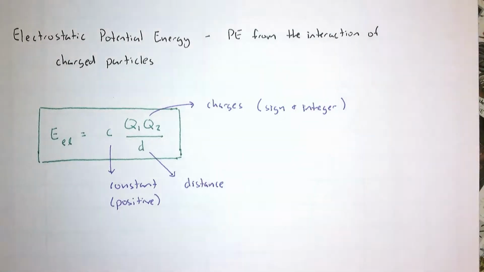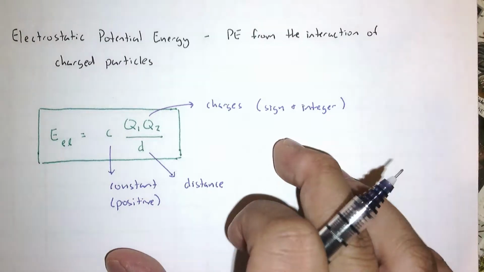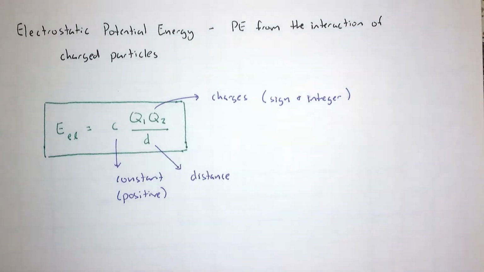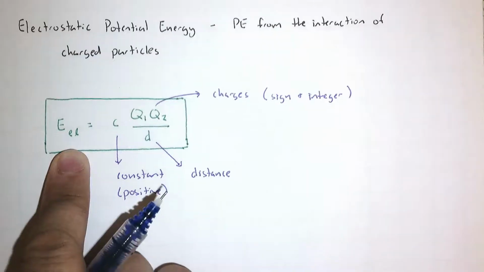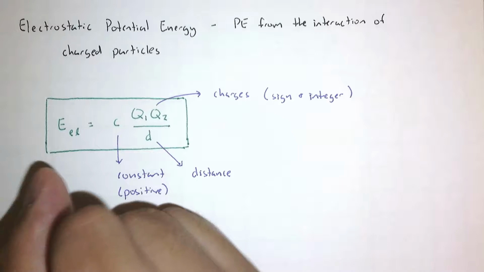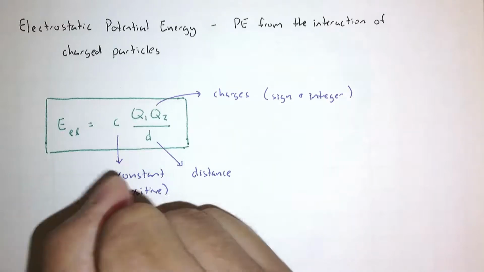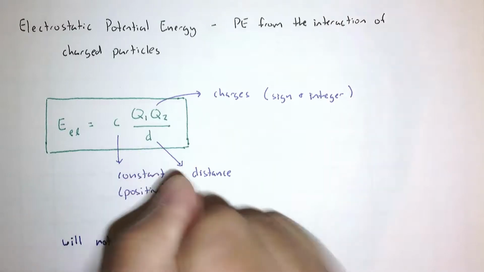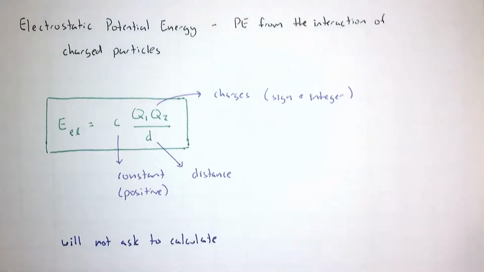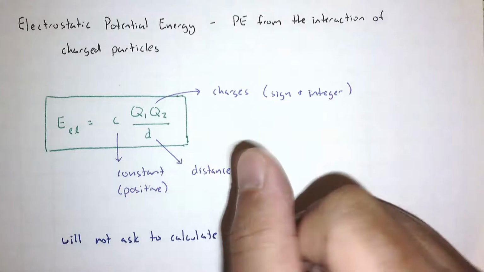Now, I'm not giving you units, because for the most part, at least in my class, I'm not going to ask you to calculate a number. Let me write that down as a reminder to myself. Calculate the number or the absolute energy.